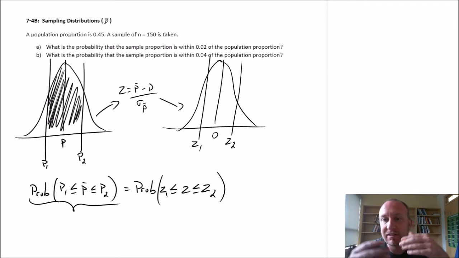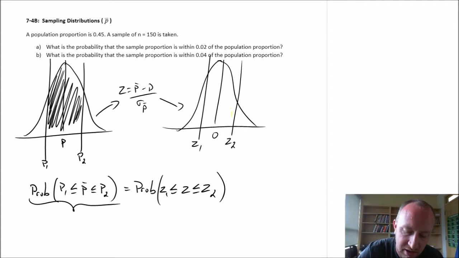Now, to calculate that probability, what we need to do is figure out the probability that corresponds to z2, and this is the cumulative probability. Remember those tables, they're always giving us the cumulative probability, the probability to the left of our value of interest.